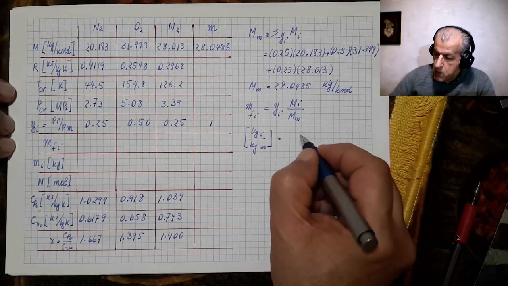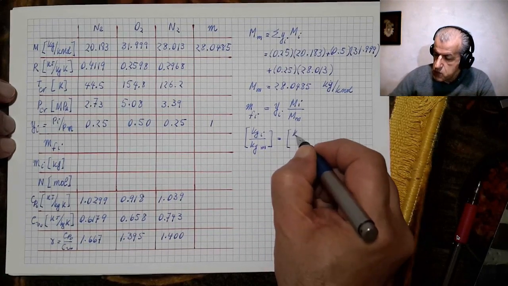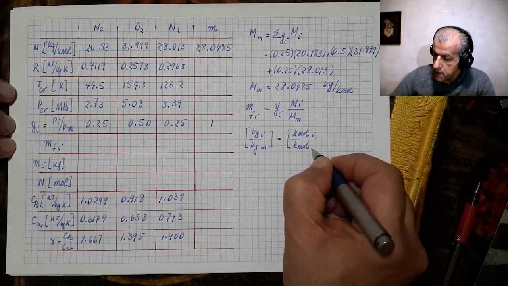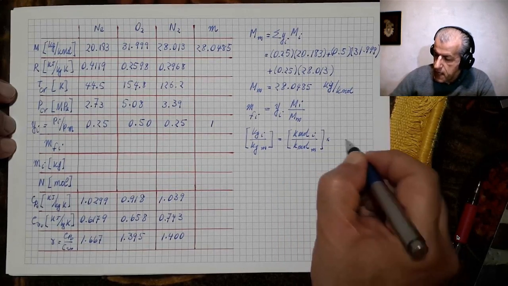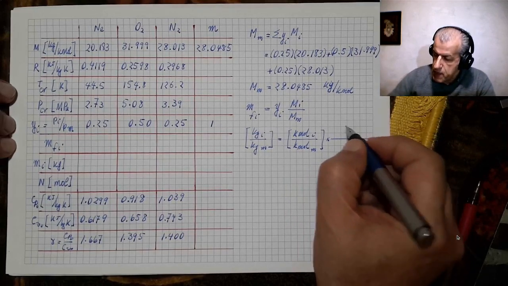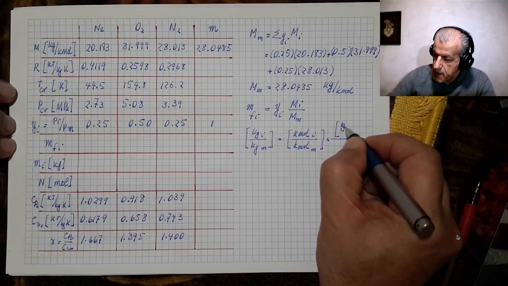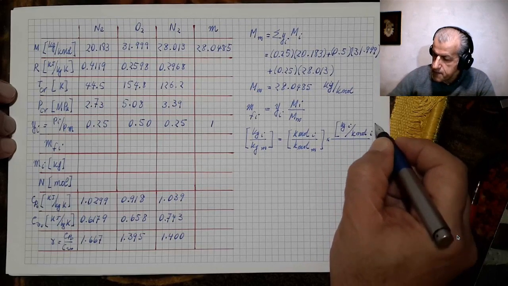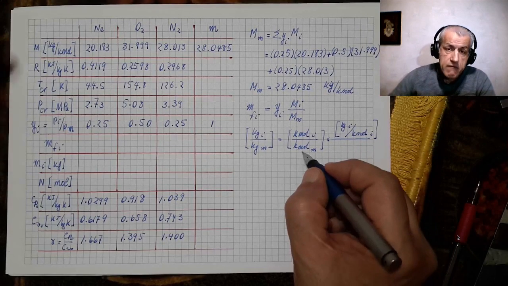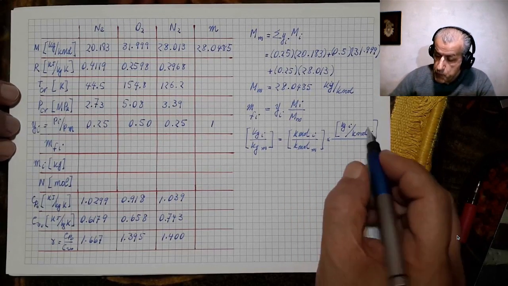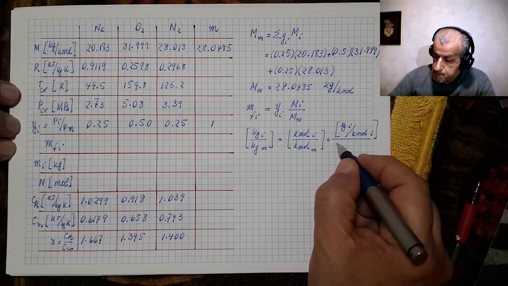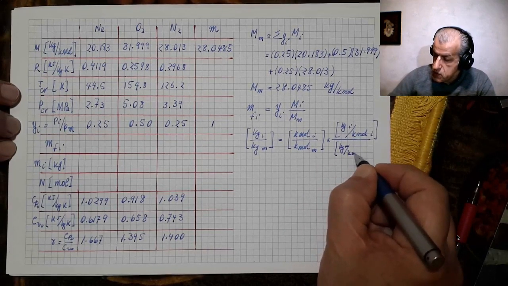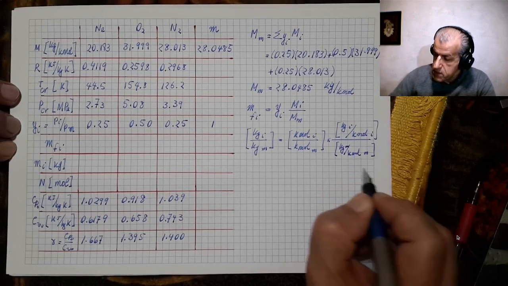equals yi, which is kilomole of i divided by kilomole of mixture, multiplied by Mi, which is kilogram of i divided by kilomole of i, and an equivalent molar mass, which is kilogram of M divided by kilomole of M. What does it do for us?